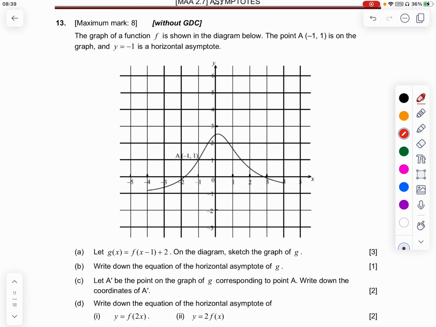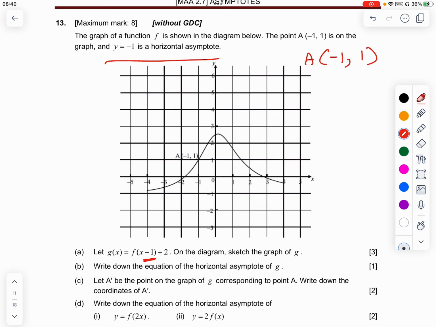Question number 13. The graph of a function f is shown in the diagram. The point A is minus 1 comma 1 and is on the graph, and y equals minus 1 is the horizontal asymptote. The graph g of x equals f of x minus 1 plus 2 is on the diagram. Sketch the graph f of x minus 1. So point A was negative 1 comma 1.